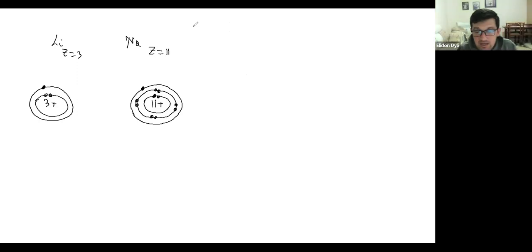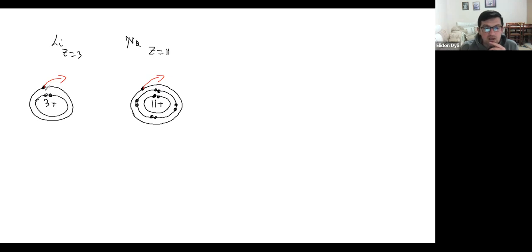Now we are going to compare which of these 2 electrons can more easily escape from the atom. As we know, protons, which are positively charged particles, make a force of attraction with negatively charged particles. So in the first element, lithium, this electron is very close to the nucleus.